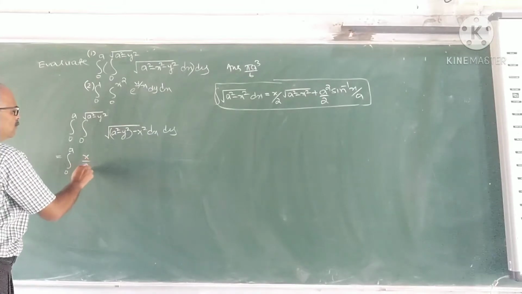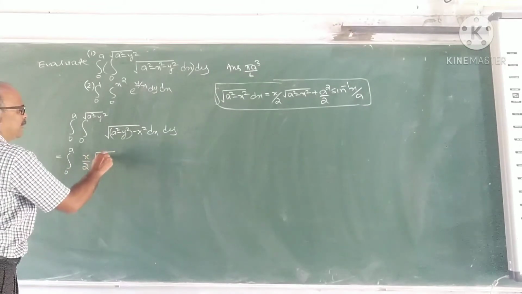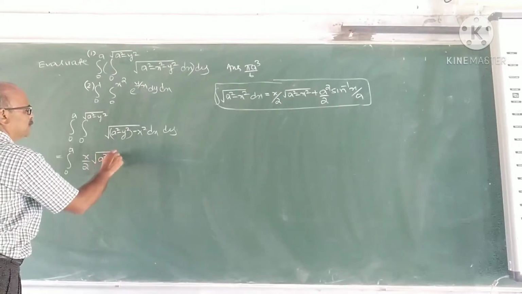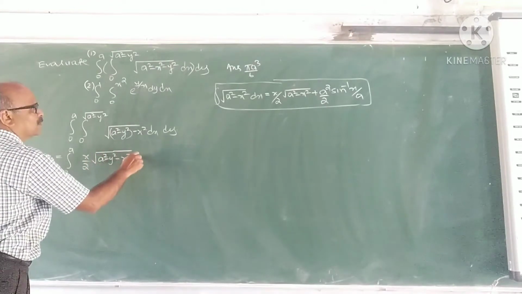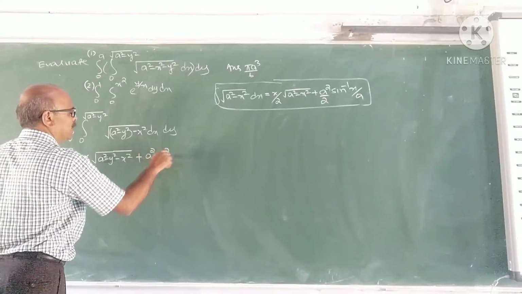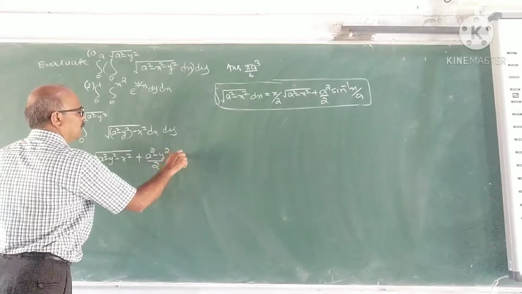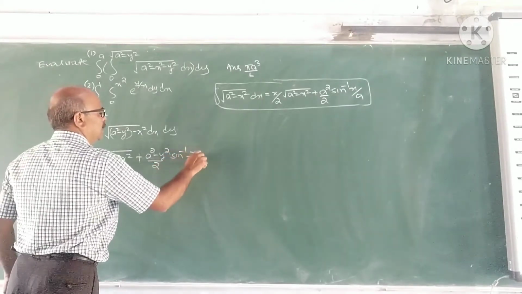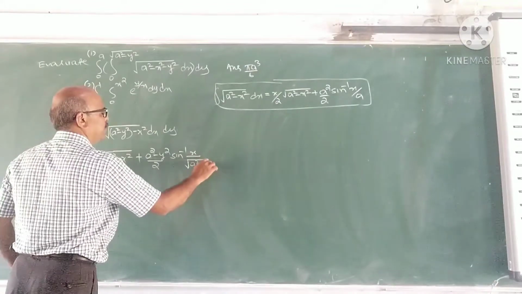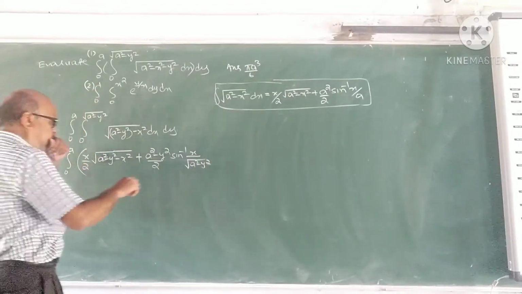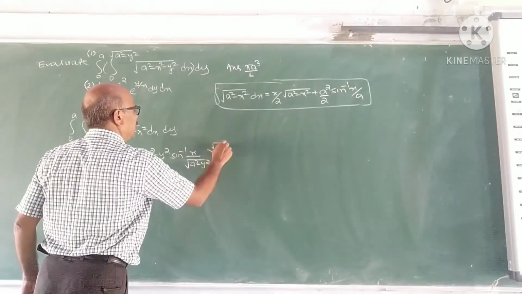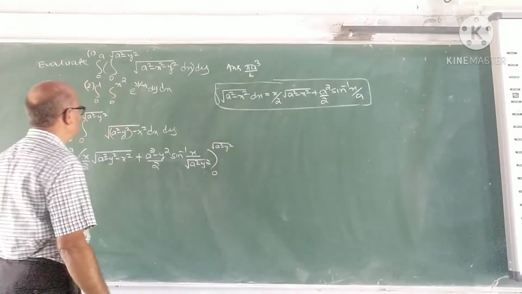It is x by 2 square root of a square minus y square minus x square plus a square minus y square by 2 sine inverse of x divided by root a square minus y square, from 0 to root a square minus y square, with respect to y.